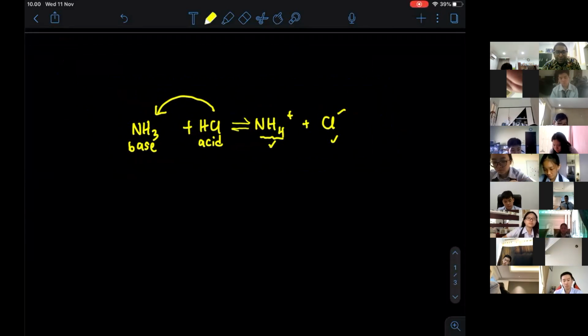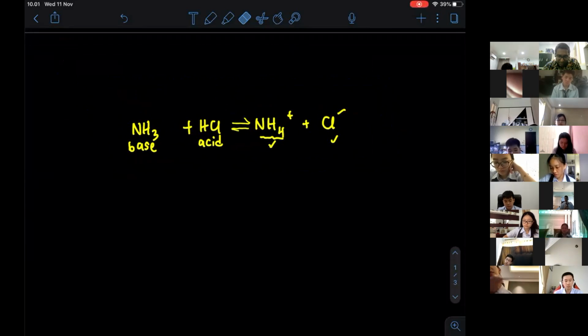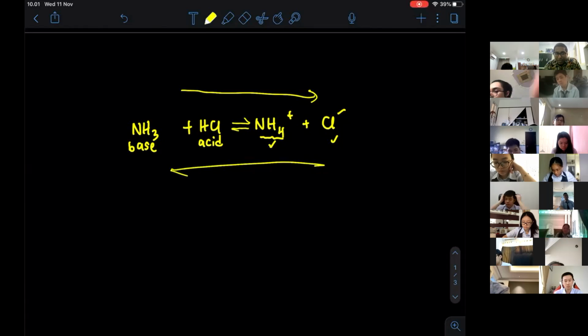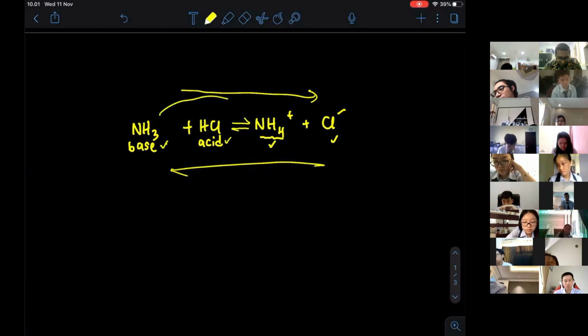Now, I want you to remember when acid and base react, this reaction can happen in both the forward and the backward direction. So if this is base, this is acid, this base is going to give you something over here, and this acid is going to give you Cl minus.